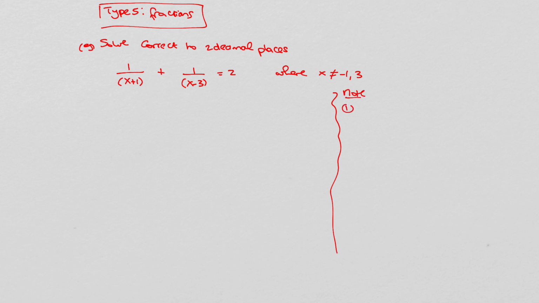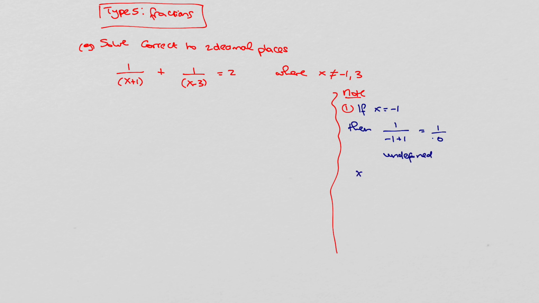So if I look at x equals minus 1, then what we end up with is 1 over minus 1 plus 1 in the first denominator there, which is 1 over 0, and therefore undefined.